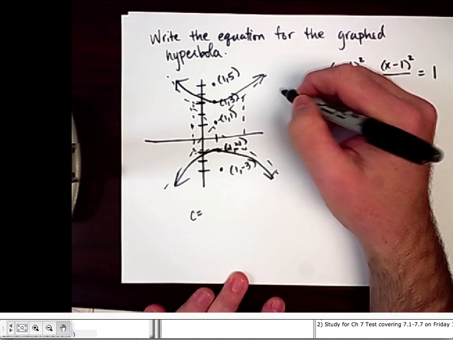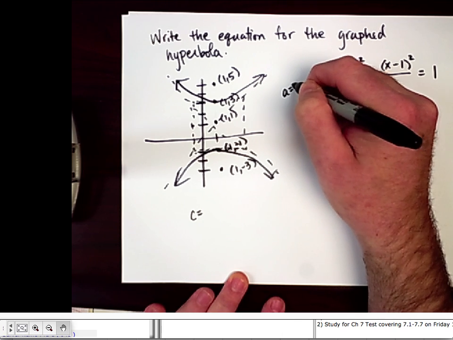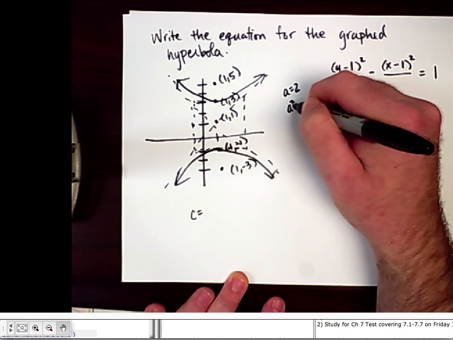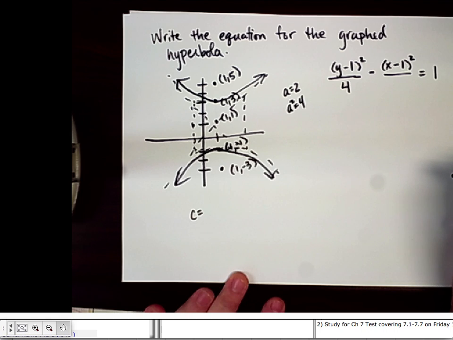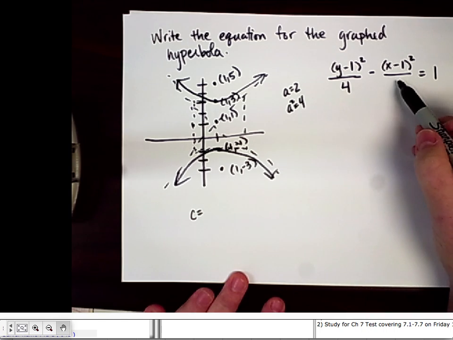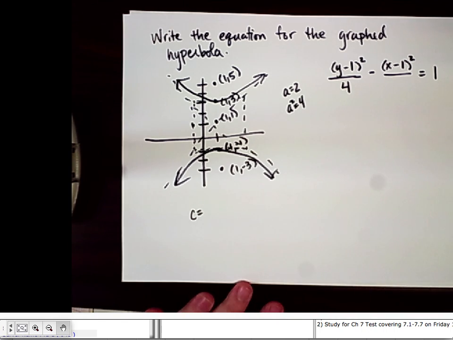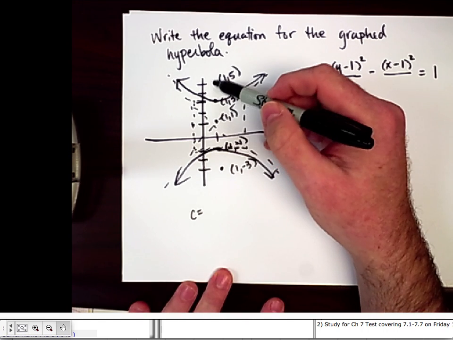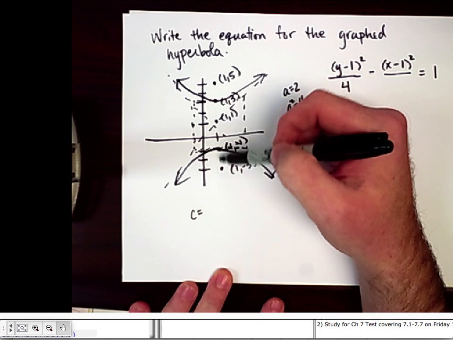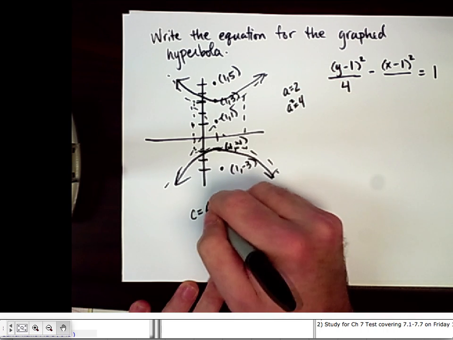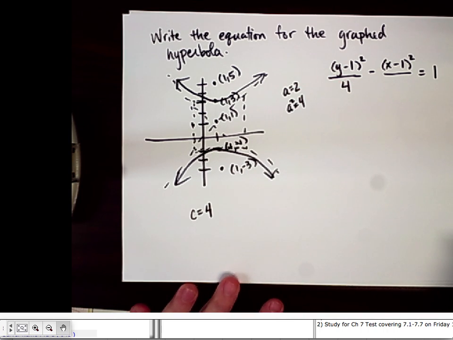We knew that a was 2, so a squared was 4, which goes there. We don't know b squared, but we know c is what? 4, because it's the distance from the center to a focus. So c is 4, right?